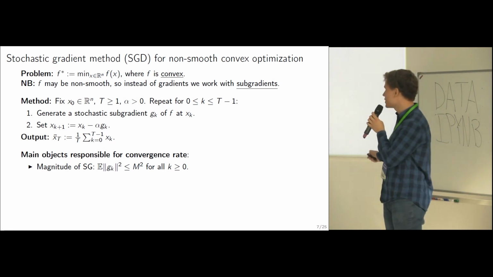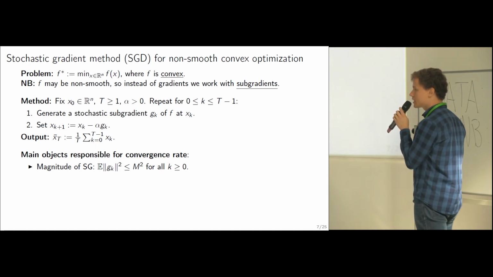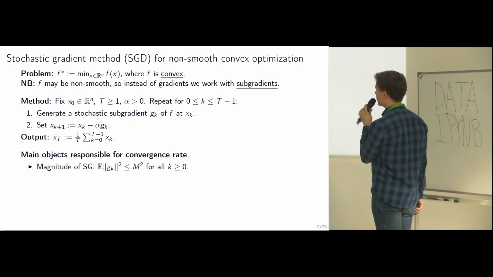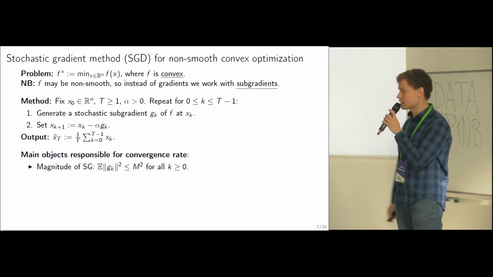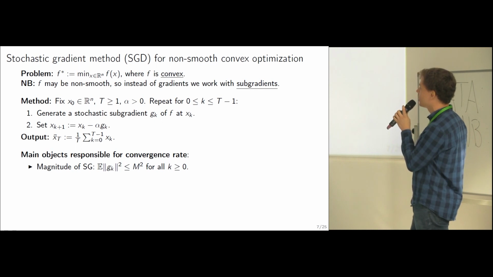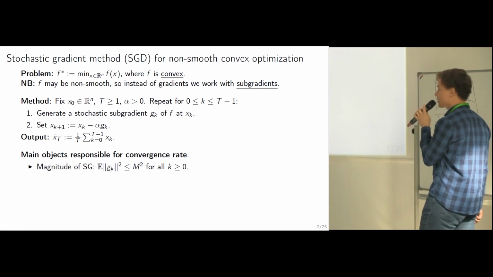So actually, m is the square root of the second moment of our stochastic gradients. Remember that at the beginning I told you that it is not enough to assume only unbiasedness. We also need some assumptions about the fluctuations of stochastic gradient. And this is one possible assumption. In a couple of slides, I'll talk about another one.